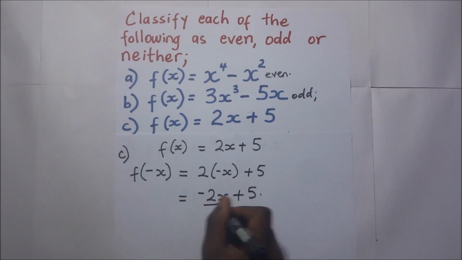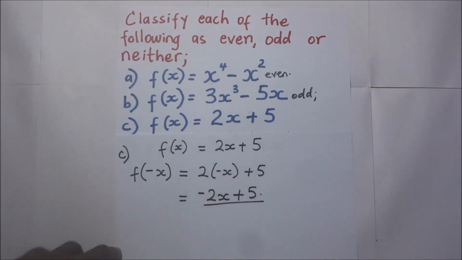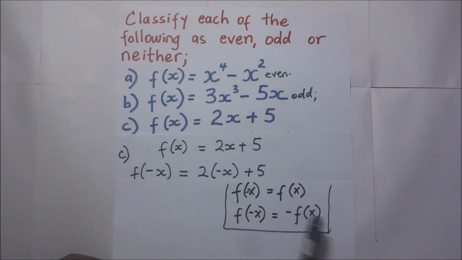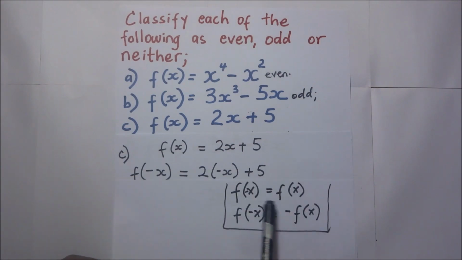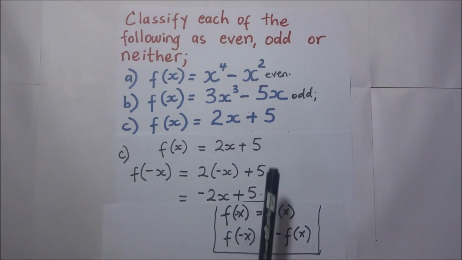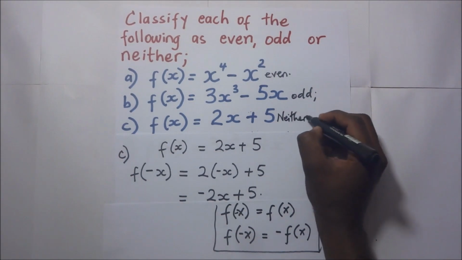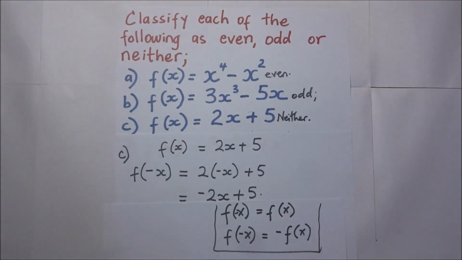Now definitely this does not satisfy any of these conditions. It does not satisfy this condition, it does not satisfy this condition. So that means the function in part C is neither odd nor even.